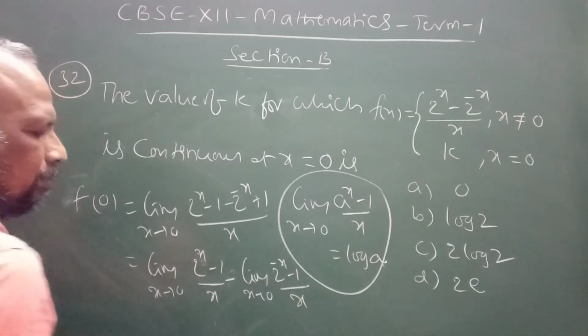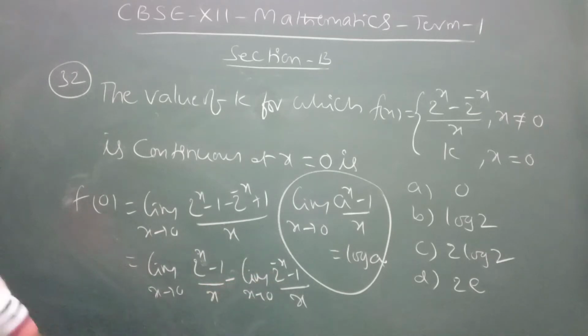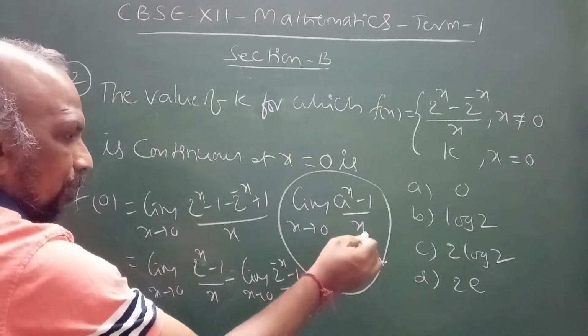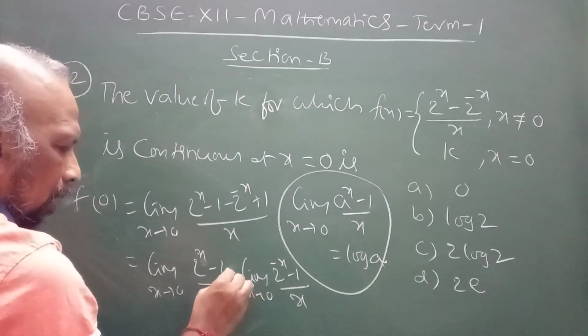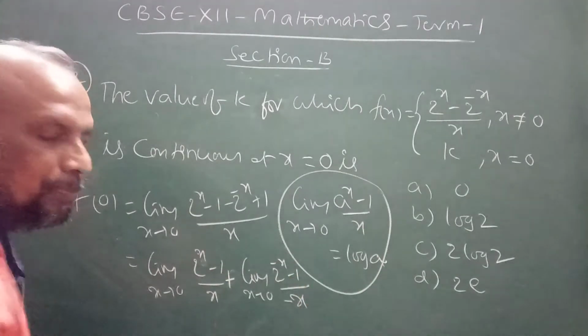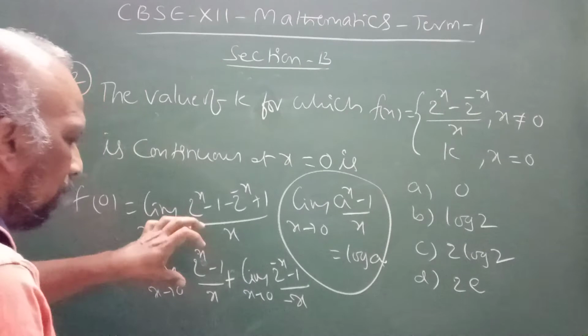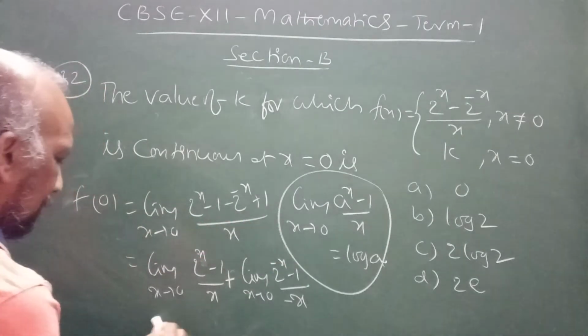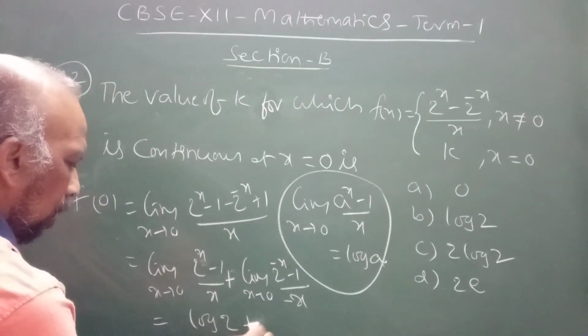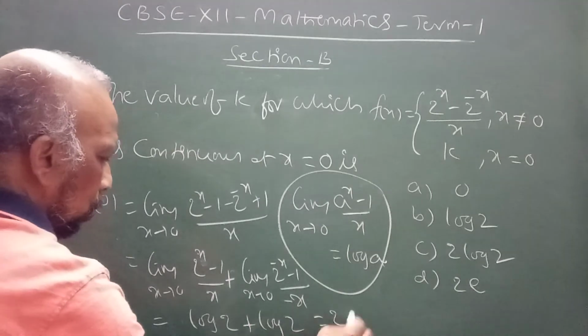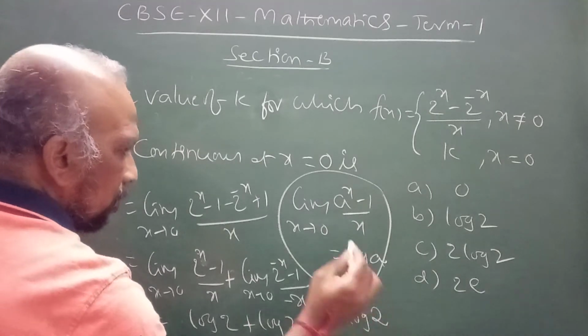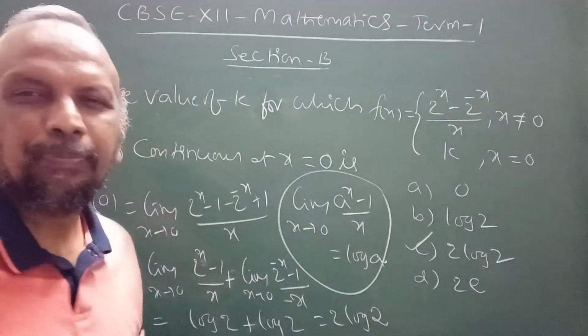I want to satisfy this form, so here minus x I should get, make it plus and minus. Now this will be log 2, and this will be log 2. So it is log 2 plus log 2, so 2 log 2 is your answer.